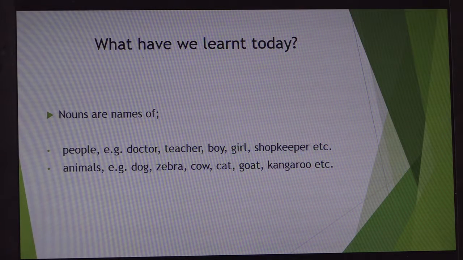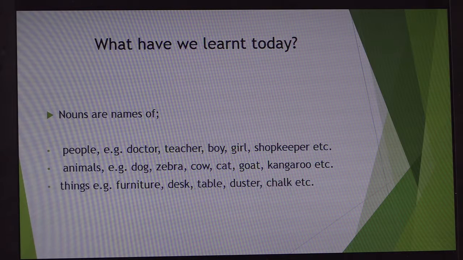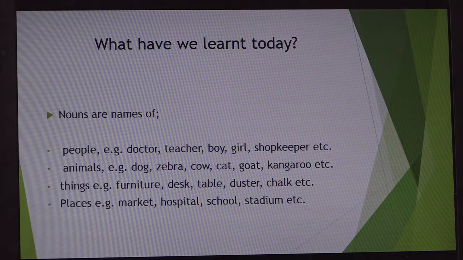We have also learned names of animals such as a dog, zebra, cow, cat, goat, kangaroo, and many others. Other nouns that we have learnt about are nouns that name things. For example, furniture, desk, table, duster, and chalk, among many others.